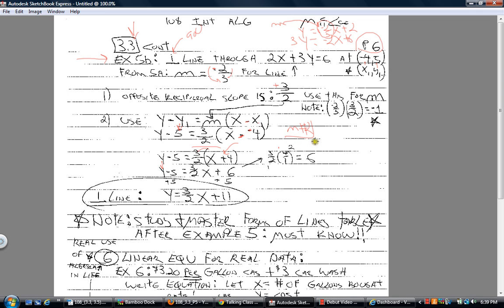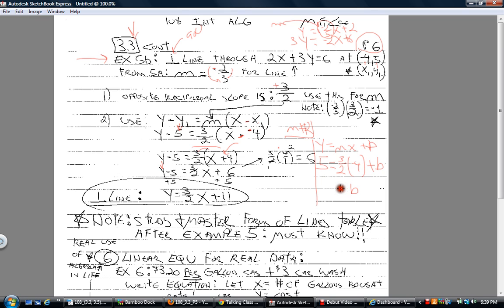Okay, now if you had wanted to use the method number 2, you would have turned around and said y equals mx plus b, the golden formula. Y would have been 5, slope still would have been 3/2, x would have been -4, and you would have solved for b.